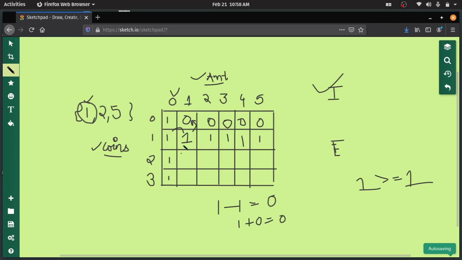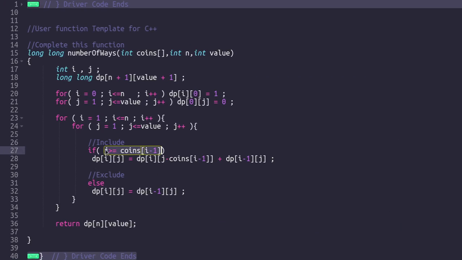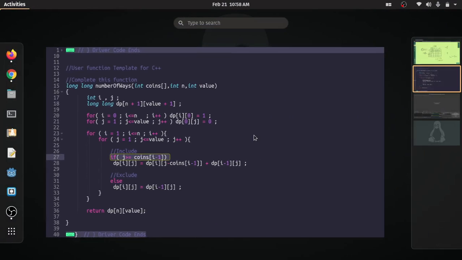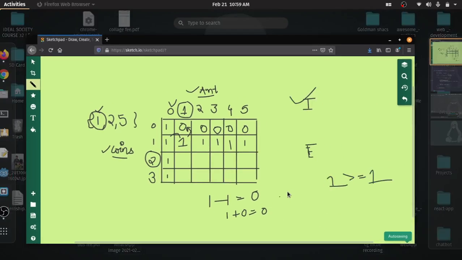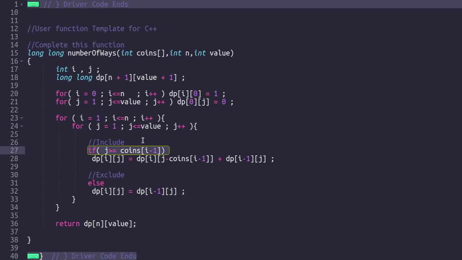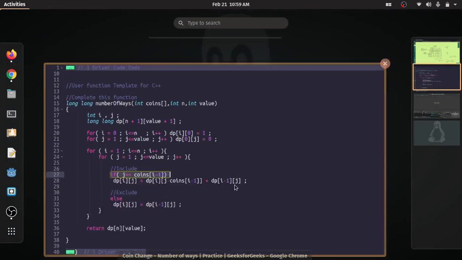Suppose we have to make amount 1 with respect to coin 2. So what we are going to do is first check: is 1 greater than or equal to 2? Basically this is false, isn't it?